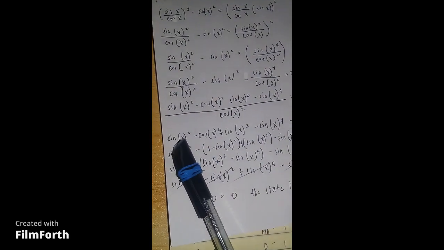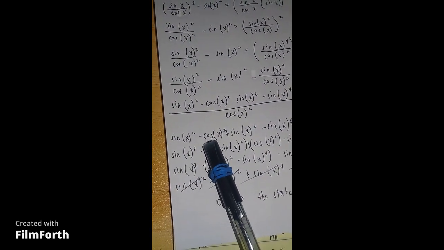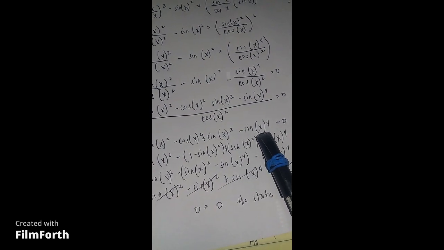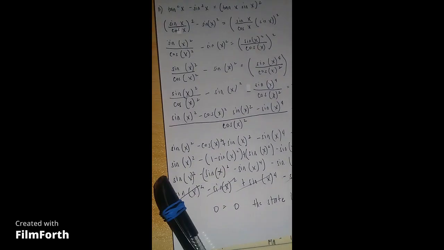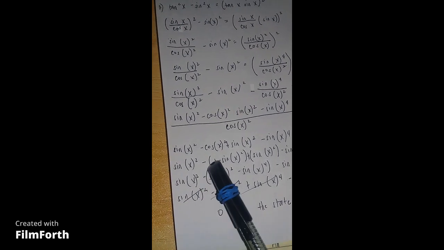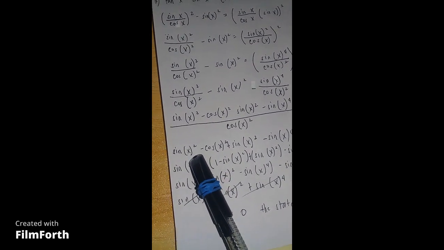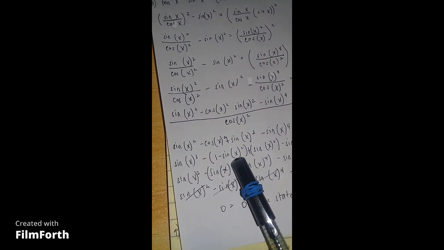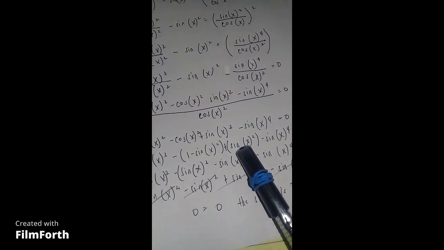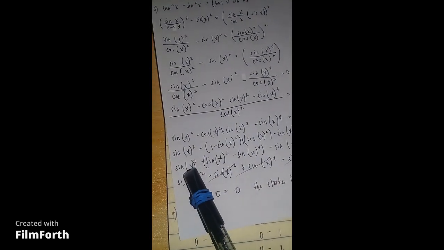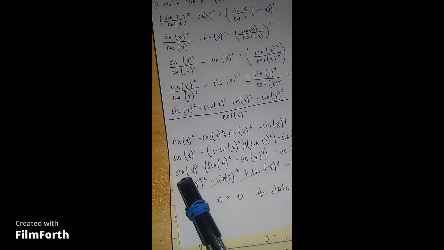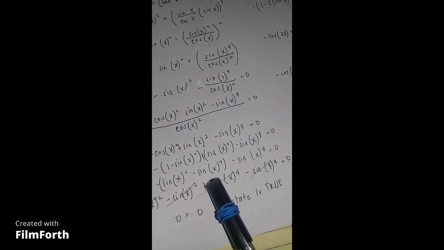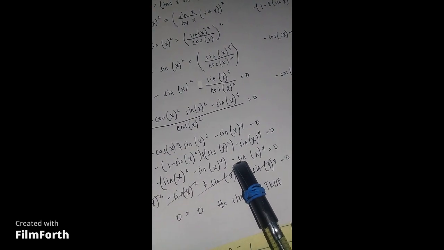So here copy sin x squared minus cos x squared plus sin x squared minus sin x raised to 4. Copy again. The negative cos x squared is equal to 1 minus sin x squared. So just copy, and then next, sin x squared minus sin x squared minus sin x raised to 4.